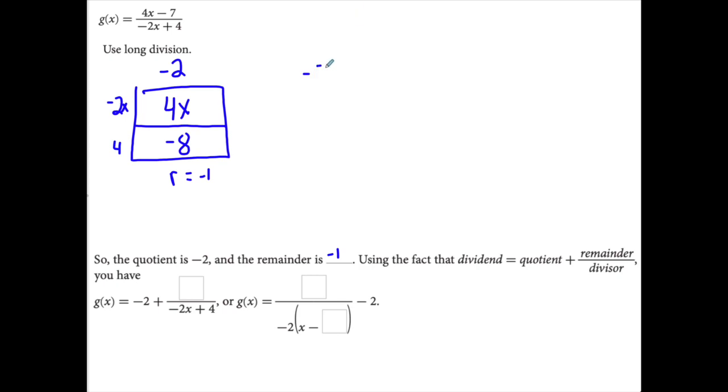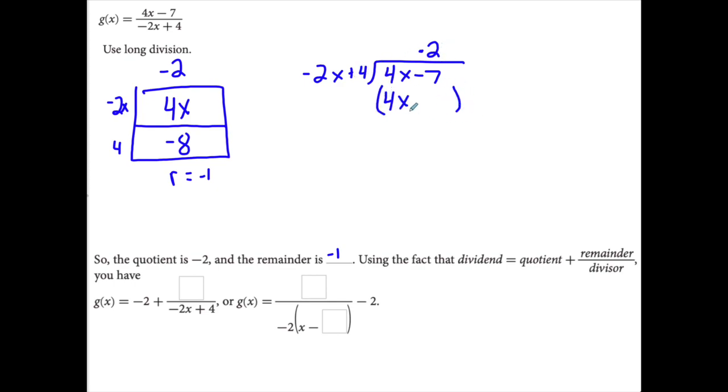Here's the other way to do it. Remember, we could also do it with polynomial long division. So I do the leading term, so I ask myself, what do I need to multiply negative 2x by to get positive 4x? The answer is negative 2. So negative 2 times negative 2x is 4x.